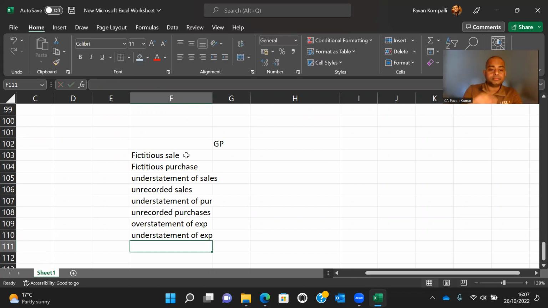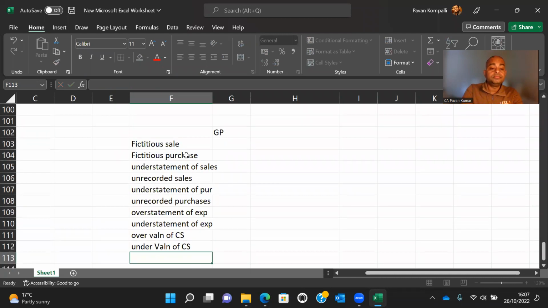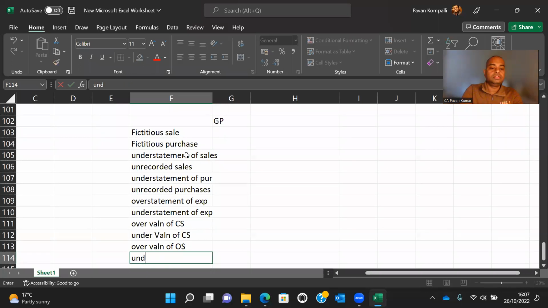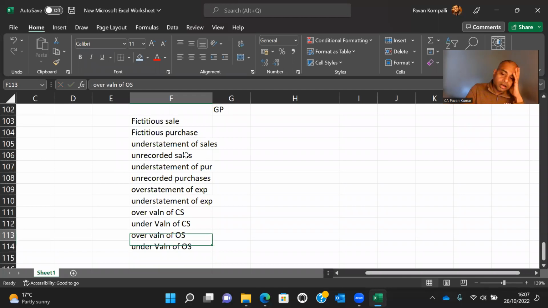Understatement of expenses. Overvaluation of closing stock. Undervaluation of closing stock. Overvaluation of opening stock. Undervaluation of opening stock. Oh my God. This is called killing the subject. There cannot be more permutations, combinations.